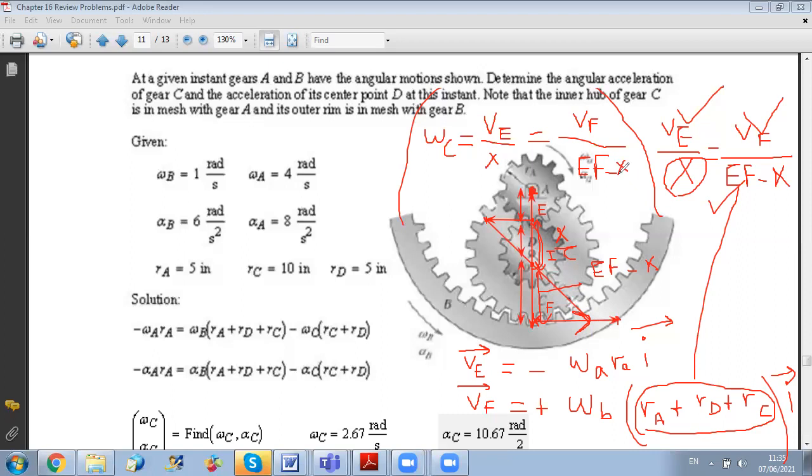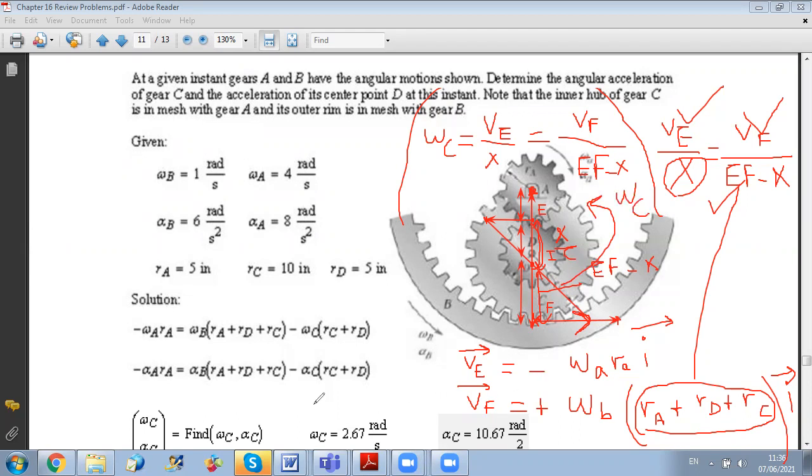Now, a second method is to use the vectorial relation between points E and F. So let us do it. From the velocity of E and F, it's clear that omega of C is counterclockwise, and we can verify this from our calculation.